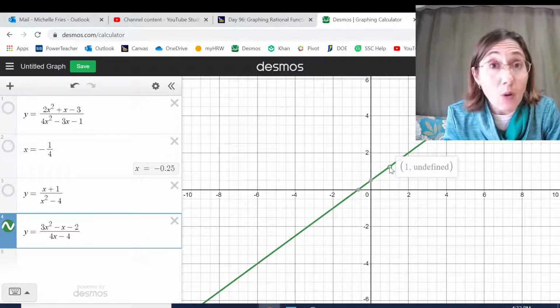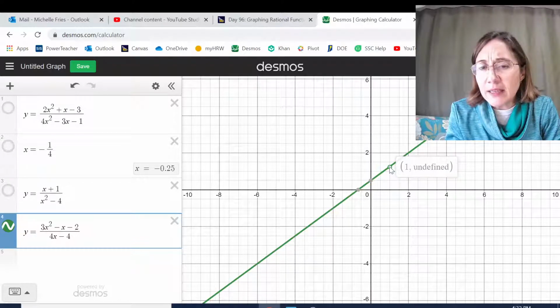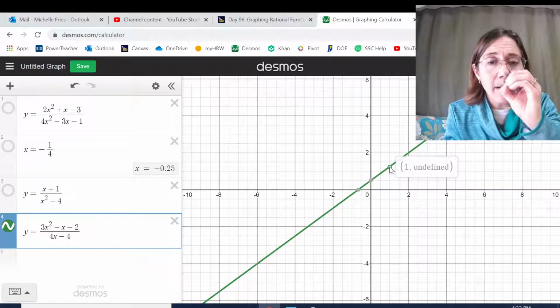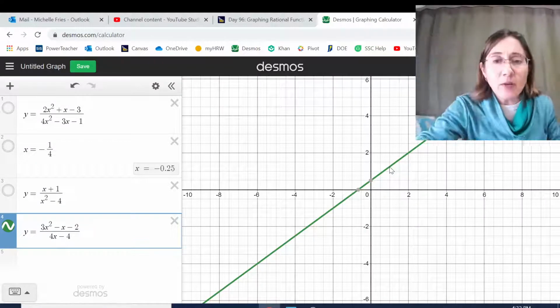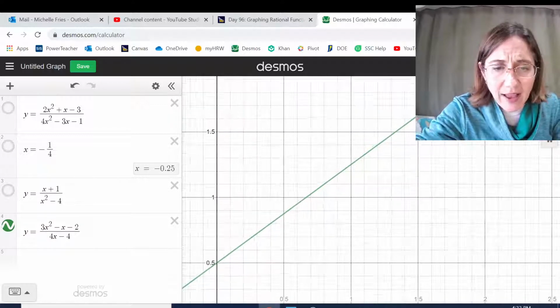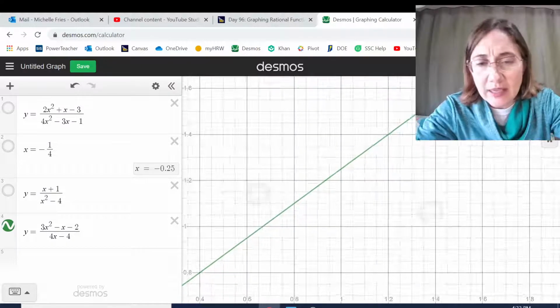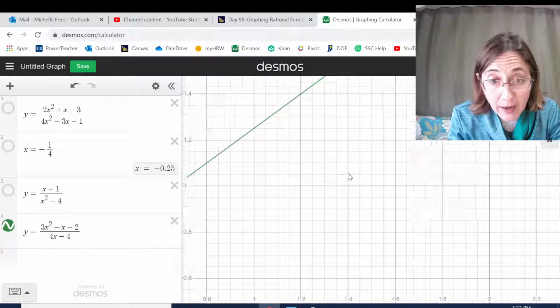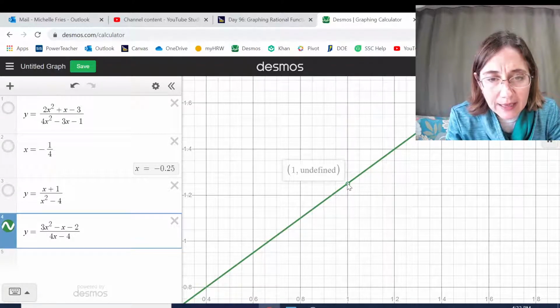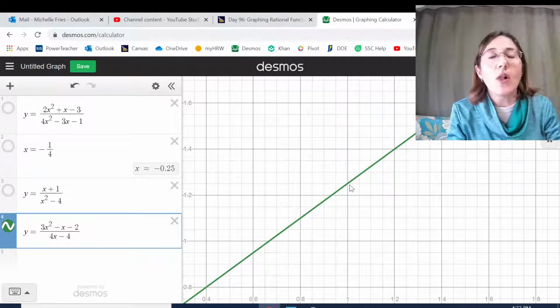So there's a hole in this line. And the reason it doesn't show up on Desmos until you actually click on that point is because it can get close to it. So if I zoom in here, it still looks fine, doesn't it? You just see a line. But then when I click on that point again, there it is, there's a hole.